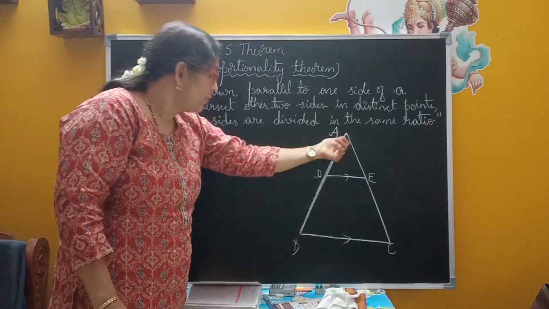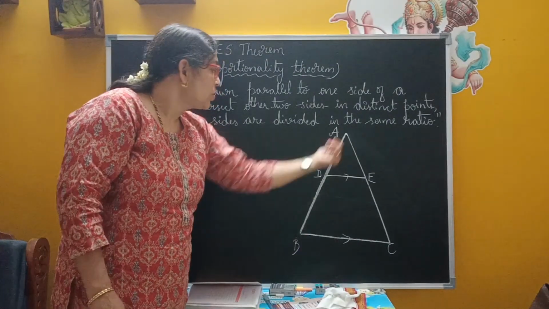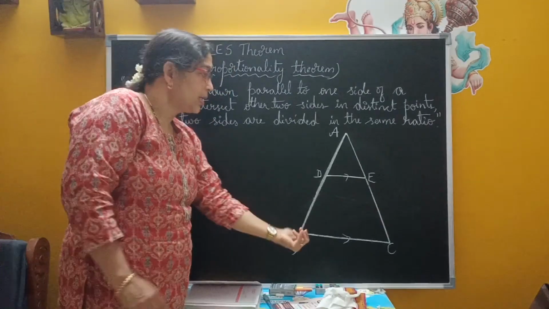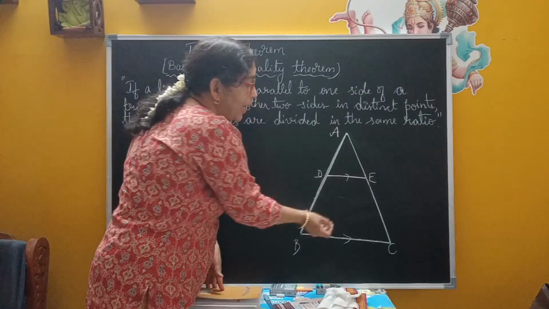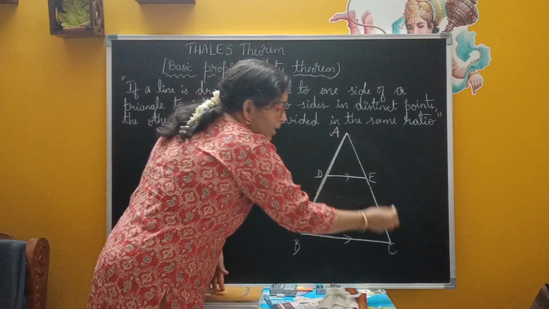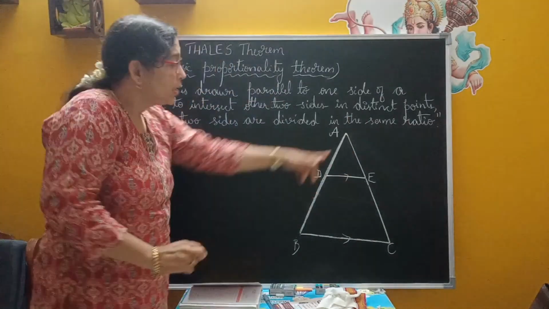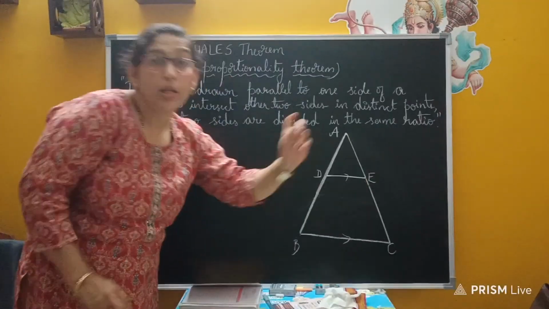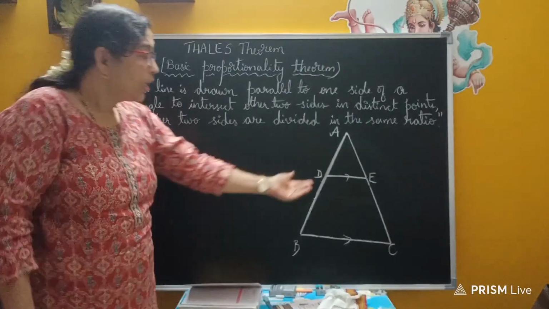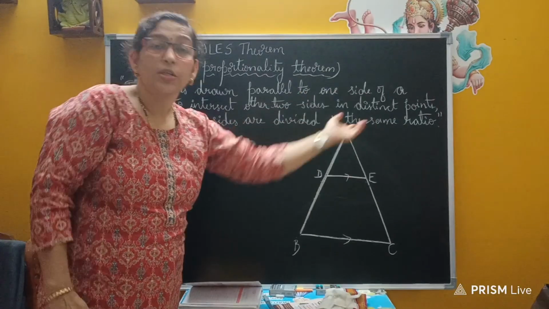Point D divides AB in the ratio AD by DB, and the point E divides AC into AE by EC. These two ratios are equal. That is the meaning of Thales theorem, or the Basic Proportionality Theorem. Now you have understood the meaning of this statement.